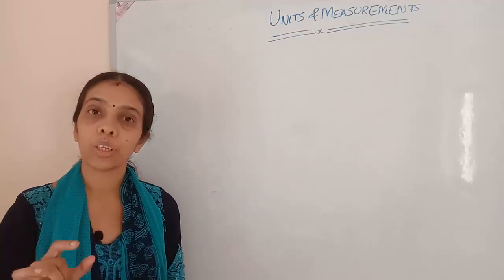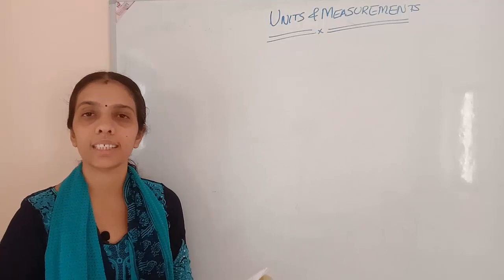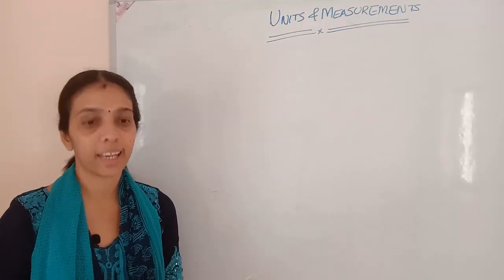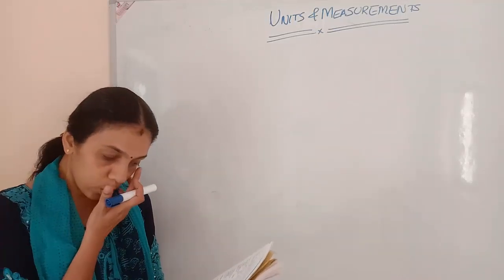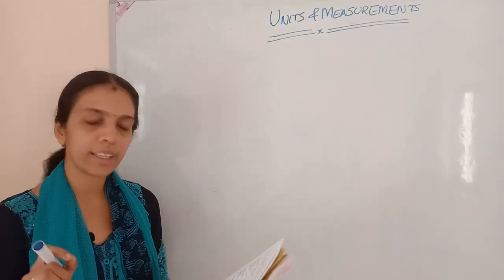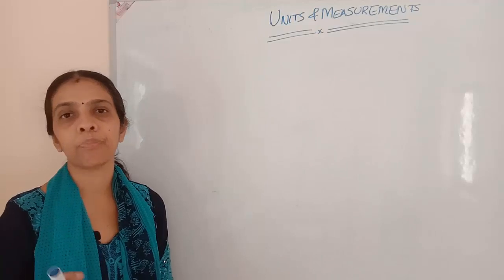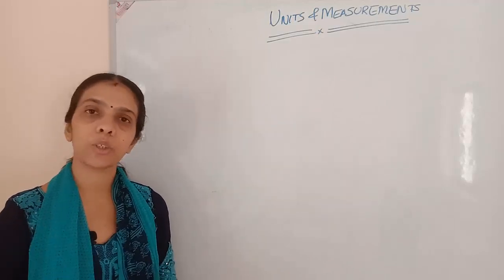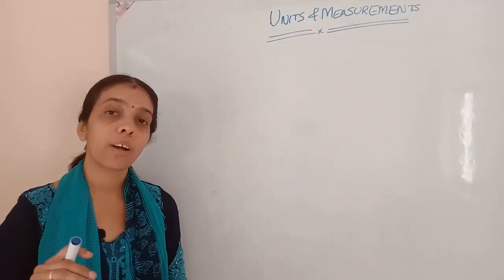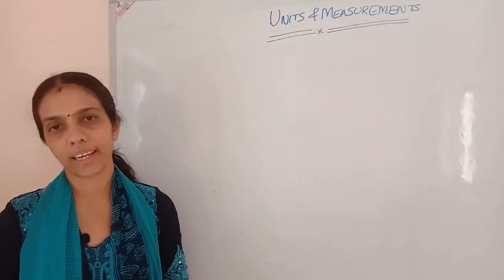Light year is the unit of length. Next is, kilowatt hour is the unit of what? Kilowatt hour is the unit of energy. Kilowatt is the unit of power and kilowatt hour is the unit of energy.